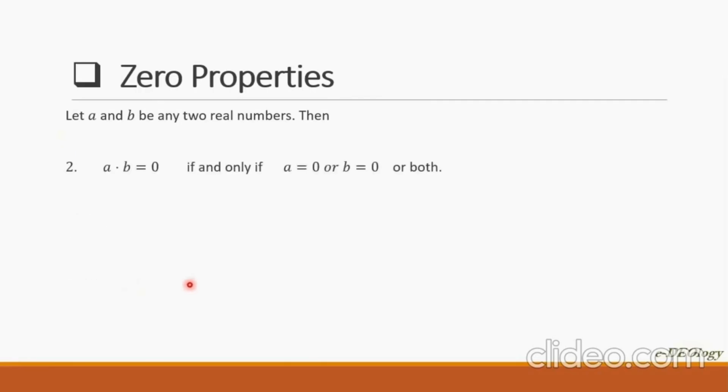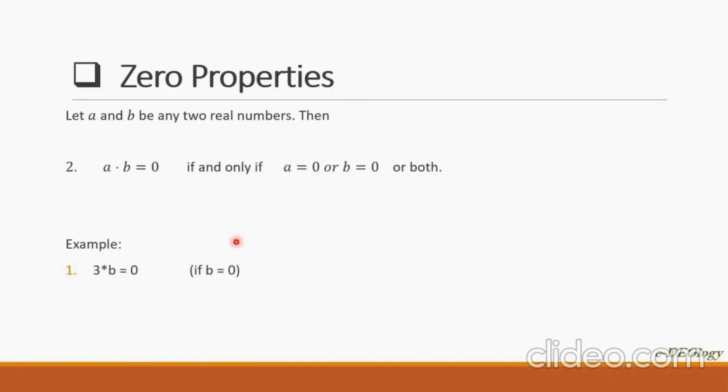The second property for 0 is when we have this a times b equals 0. This statement will be true if and only if a is equal to 0 or b equals 0 or both are zeros. One example here is 3 times b equals 0.